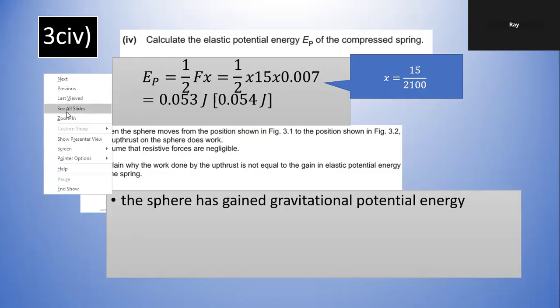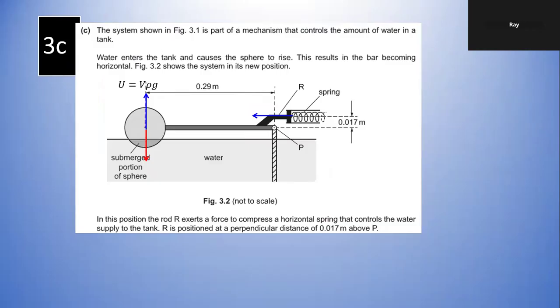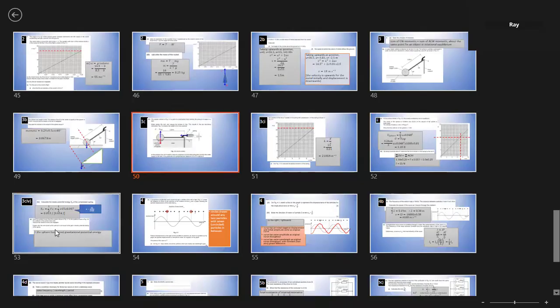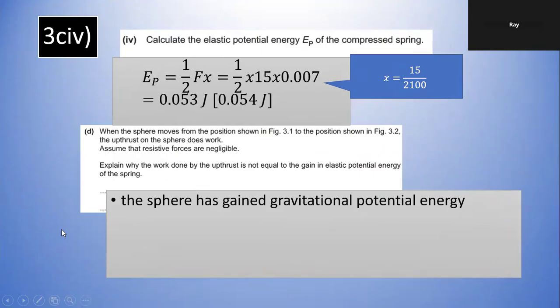Yeah, the sphere is floating. So it's not fully submerged. So the upthrust is what balances the weight. So the upthrust is causing the clockwise moment. So it's quite a hard question.